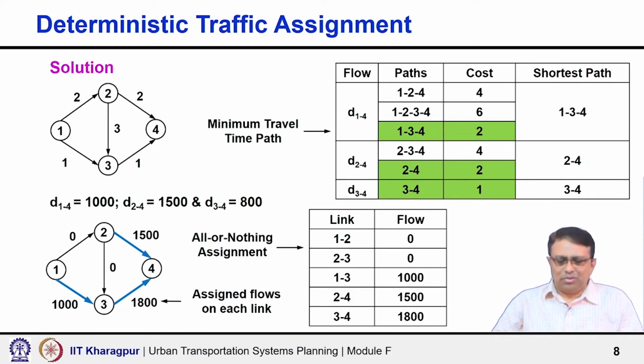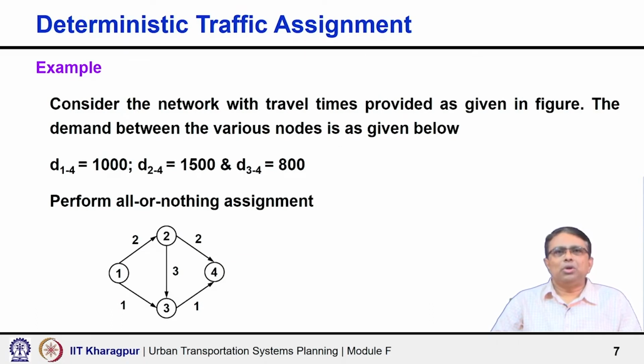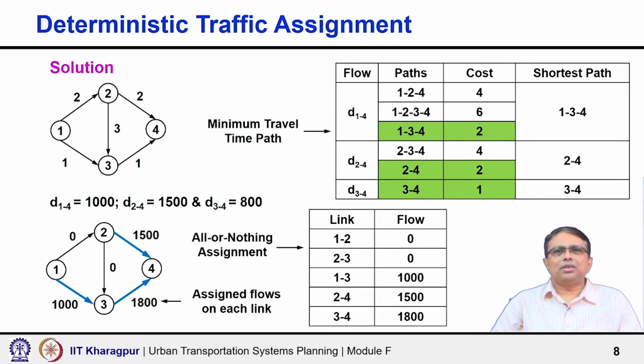Then the second one, 2 to 4 directly, I will assign 1500, and 3 to 4 I will assign 800. So, what you will get? You will get the flow like this: 1 to 2 is 0, 2 to 3 is 0, 1 to 3 is 1000, 2 to 4 is 1500, and 3 to 4 is 1000 plus 800.